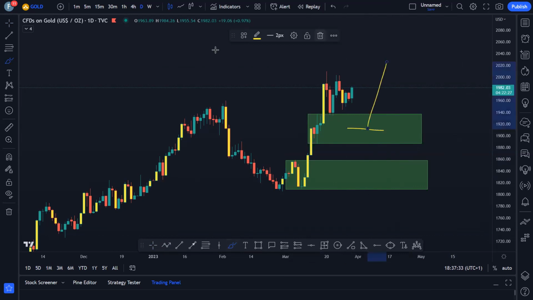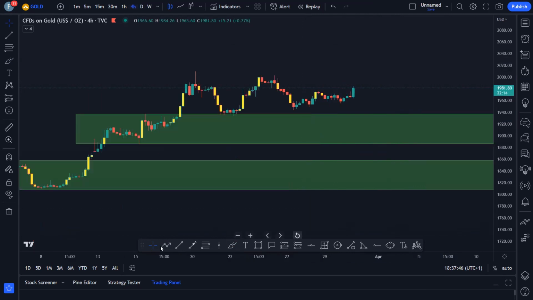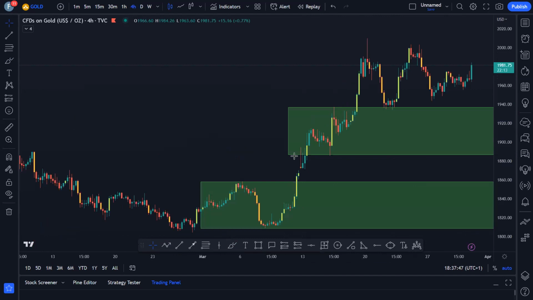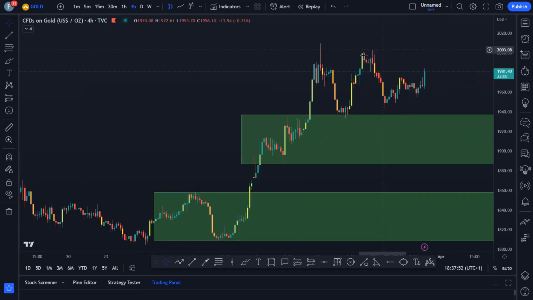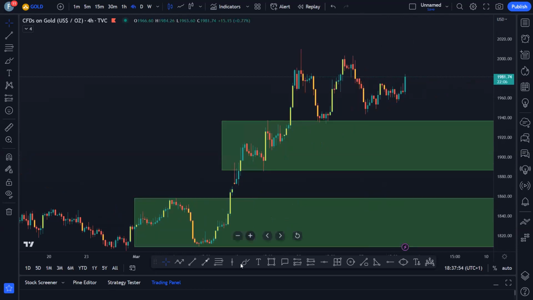So let's go to the 4-hour time frame and see exactly what's going on. So we're expecting price to retrace into the zone for buys. If you go to the 4 hours on gold, what do we have going on? All right, so you can see that we have a high here, like so.